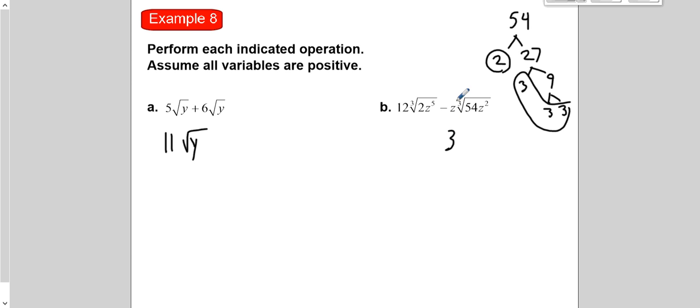The 2 stays in. There was already a z on the outside, so the 3 joins the z on the outside. Then we have a cube root of, leave the 2 inside, z squared. I put a little slash through my z's because otherwise they look a bit like my 2's. So we have 12. Now are they like terms? They weren't before. At least they didn't look like it.